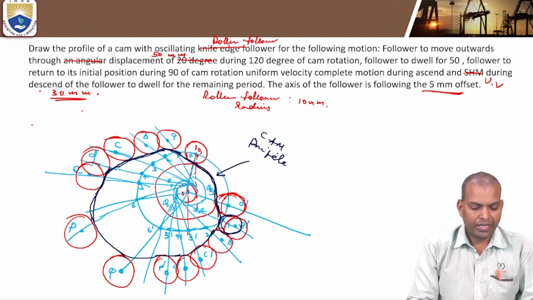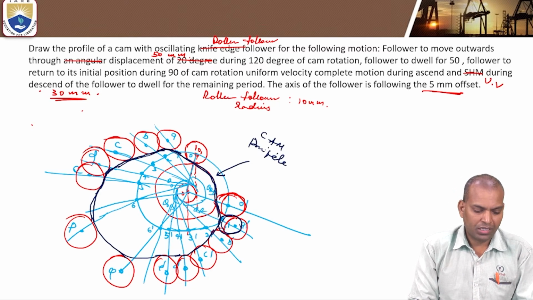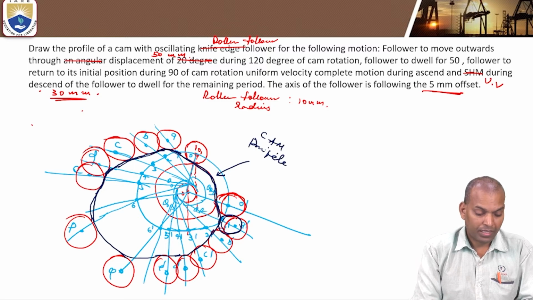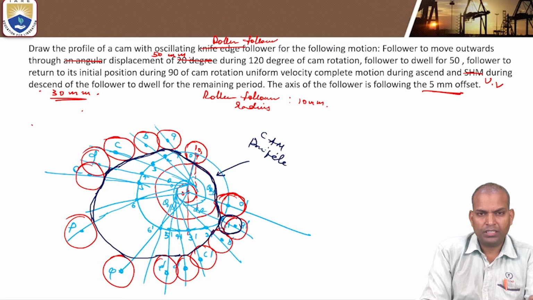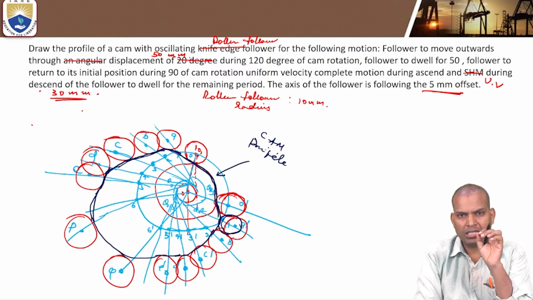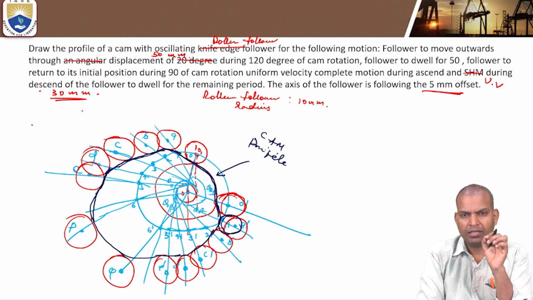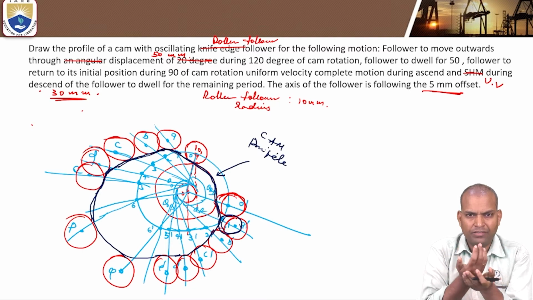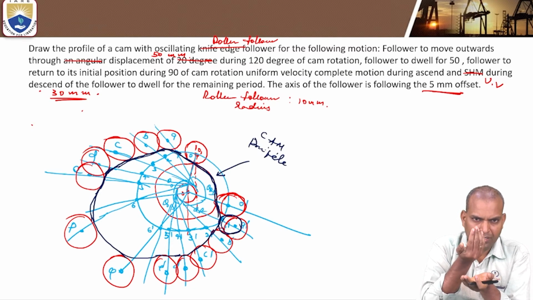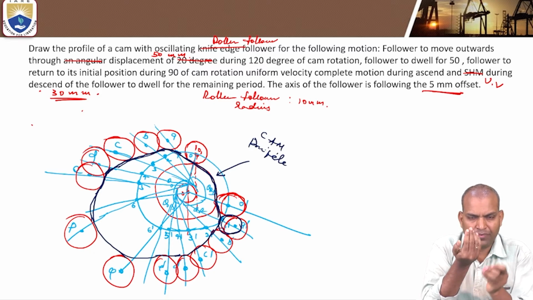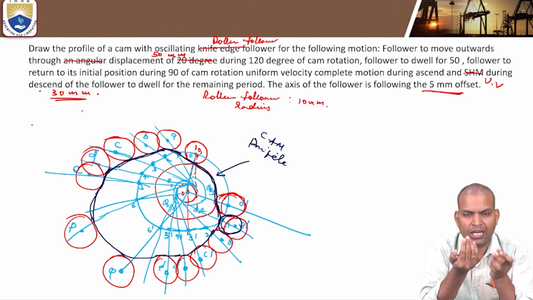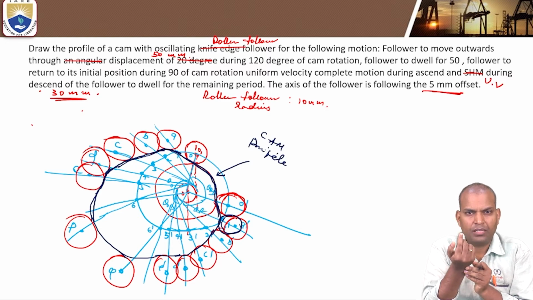Now, why do we have to draw all these surfaces contacting the roller? Because when the roller is in contact with the cam, the contact is with the surface. The circumference of the roller circle will touch the cam profile surface. It is not the center that will touch.